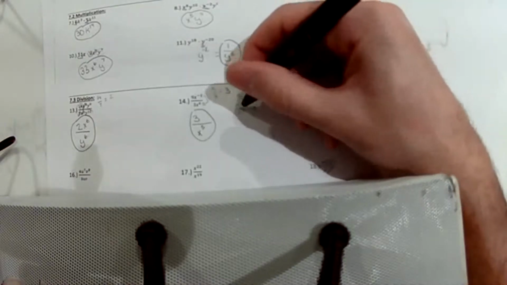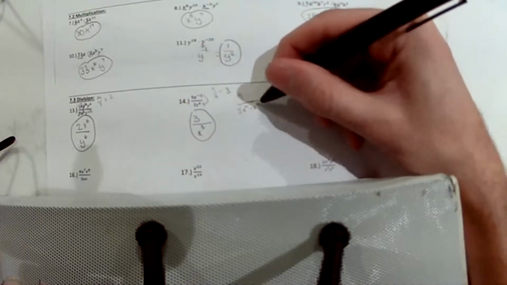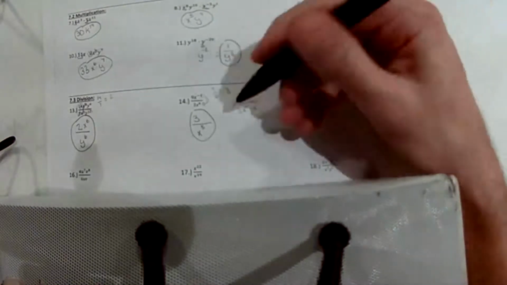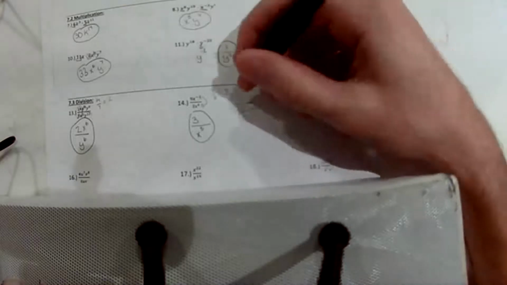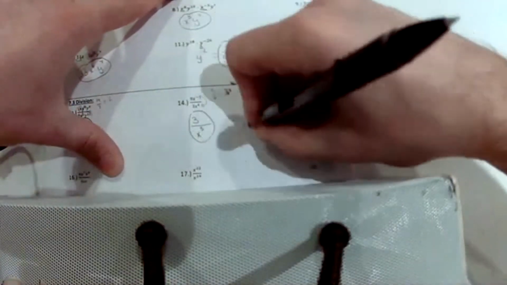And now 9 over 3 is 3, and x to the 4th times x to the 1st is just like these problems up above. So that would be 4 plus 1 is 5. Okay, so either way you do it, same thing. I'm going to erase this to not confuse kids on the key that I post on Schoology. Okay, either way you should get 3 over x to the 5th.